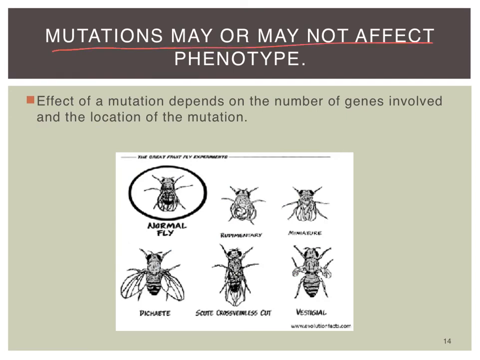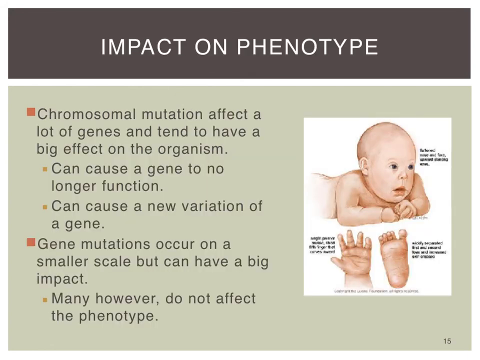Mutations may or may not affect the phenotype of the organism. The effect of mutation depends on how many genes are involved and the location of the mutation on the gene. Okay, so these chromosomal mutations impact on phenotype.